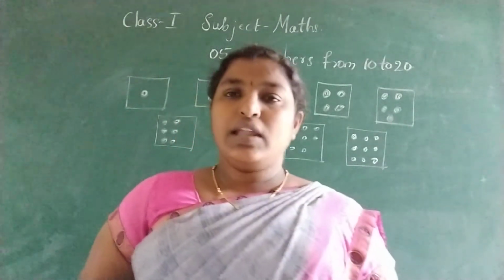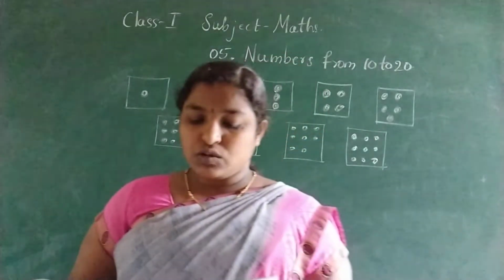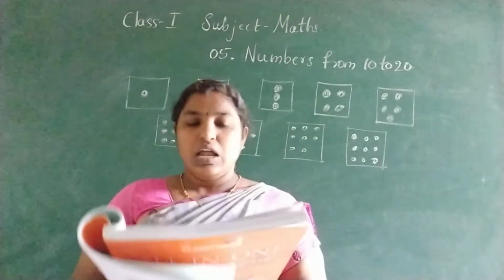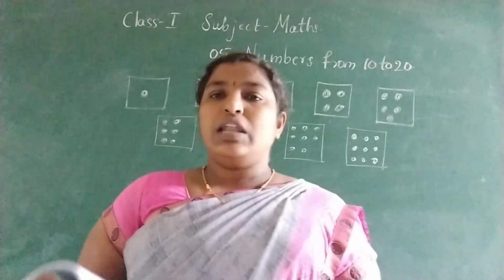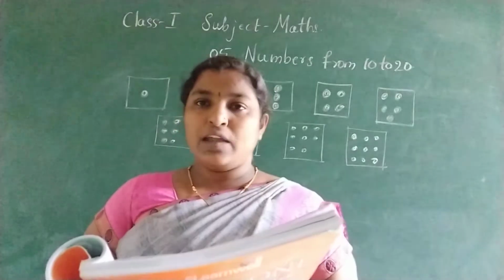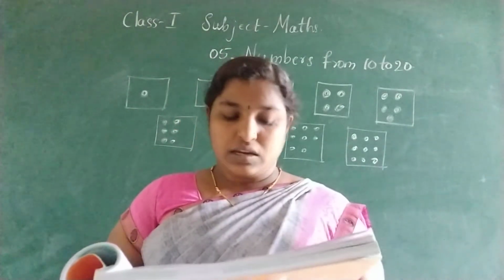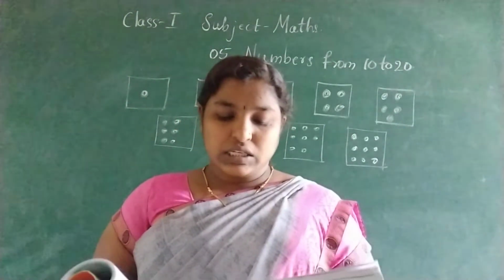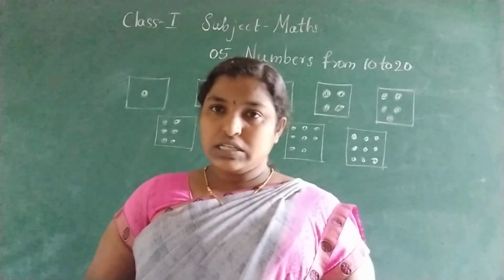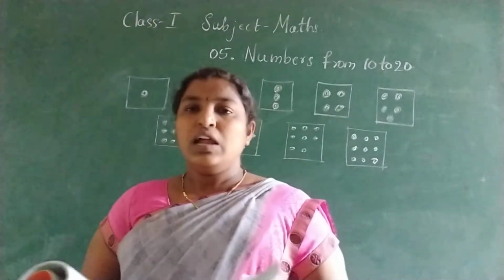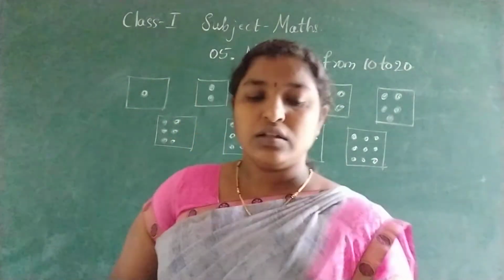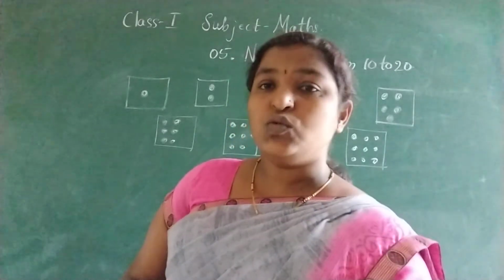Triangles, 1 ten plus 8 ones is equal to 18. EIGHTEEN 18. 10 balls with 9 balls is equal to 1 ten plus 9 ones, 19. Then kites. There are 2 tens, in the sense there are 20 kites. So TWENTY 20.